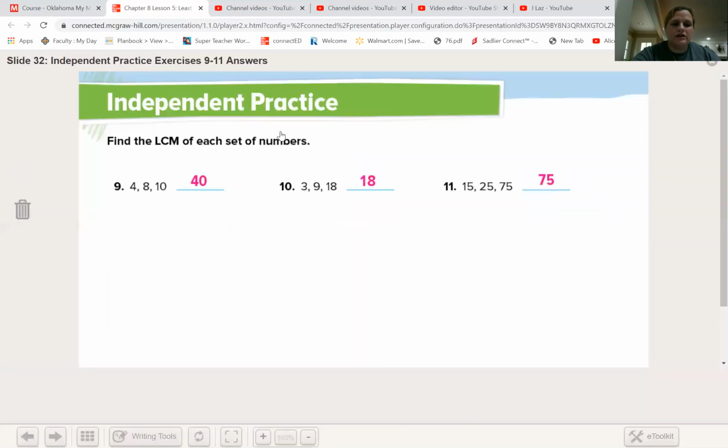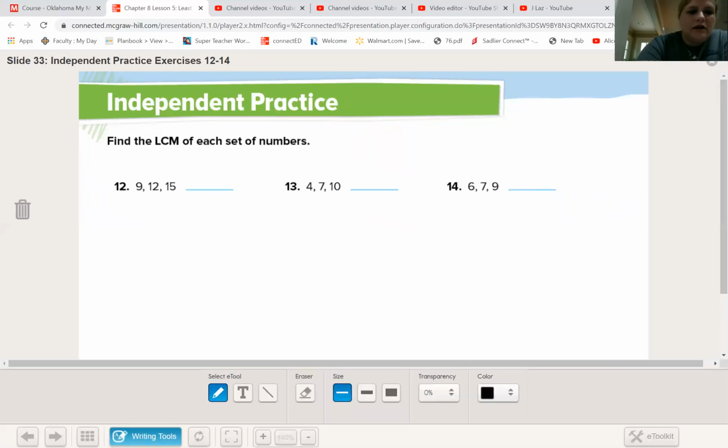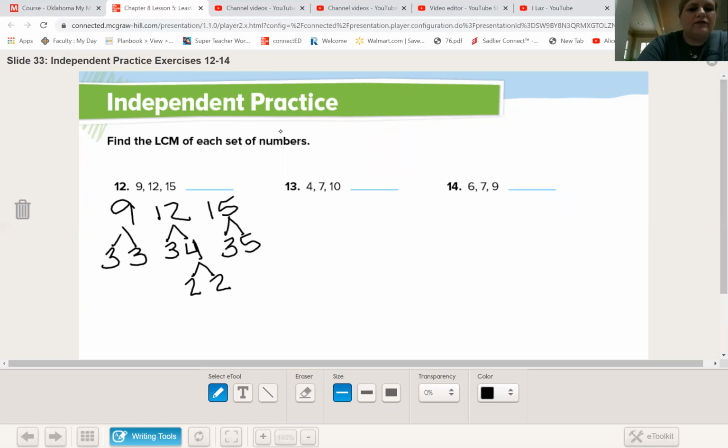Okay, here are the last 3 of your independent practice. 9, 12, 15. Okay, how would you break up 9? 3 and 3. 12 is 3 and 4, 4 goes to 2 and 2. 15 is 3 and 5.